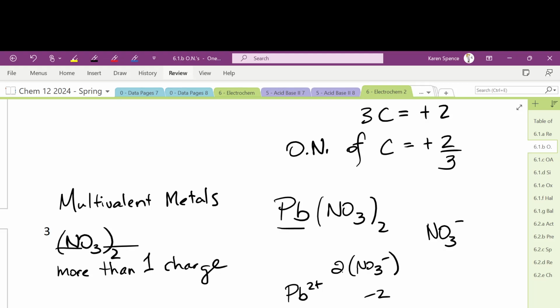Okay, but you'll get a little practice on oxidation numbers right now. If you're feeling fancy, you can start with some of the later ones. Just pick a few that look crazy.